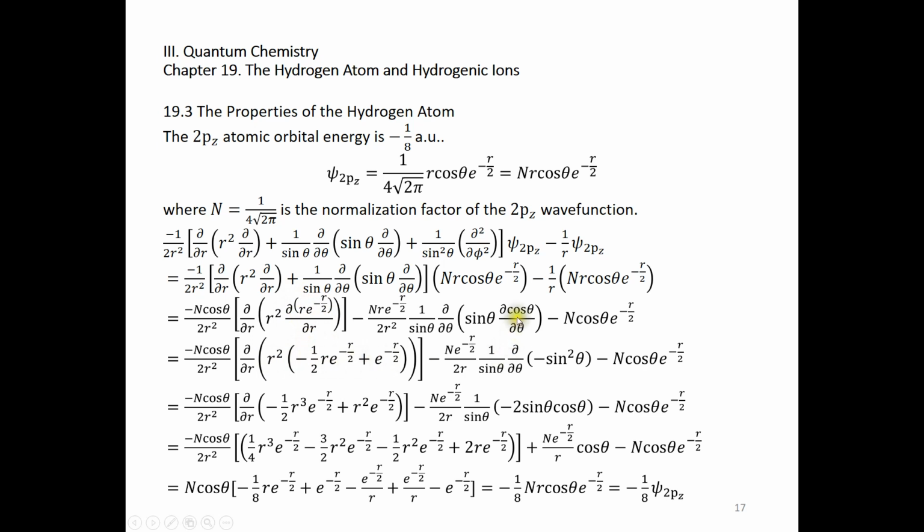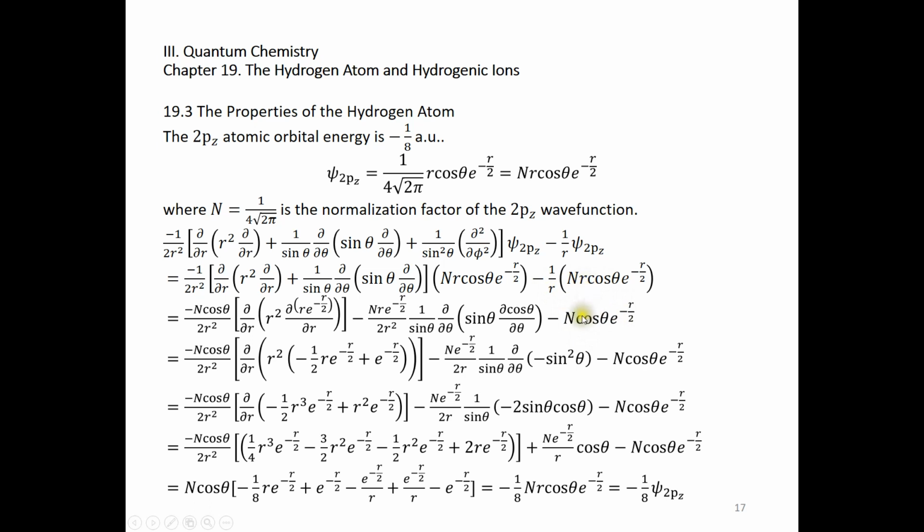We get something here. Over here it's easier because this r term does not depend on theta, so we can take all those r terms out. We're just going to take the first derivative of cosine theta and then times sine theta over here, and then whatever the result is, we take its first derivative and then divide by sine theta. So that's why we got this expression over here. And this part is just from the potential energy operator applied to psi.